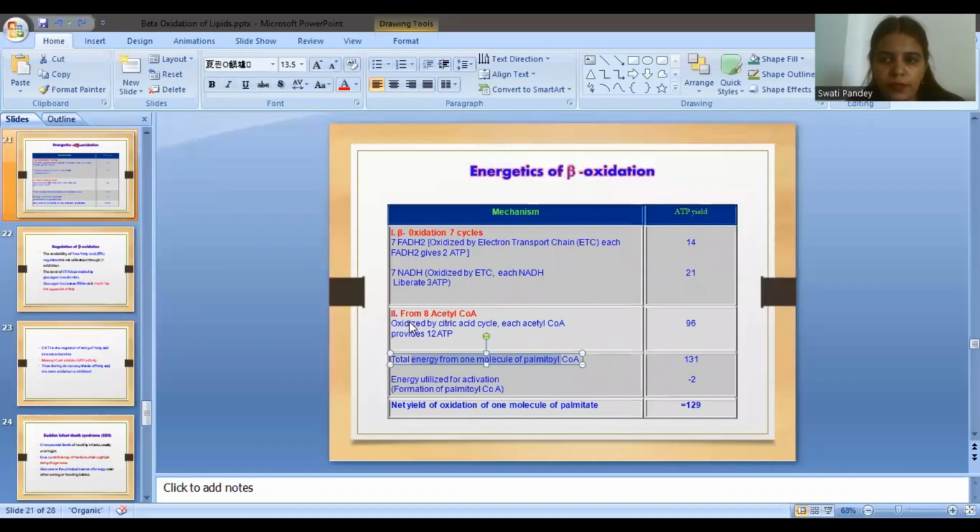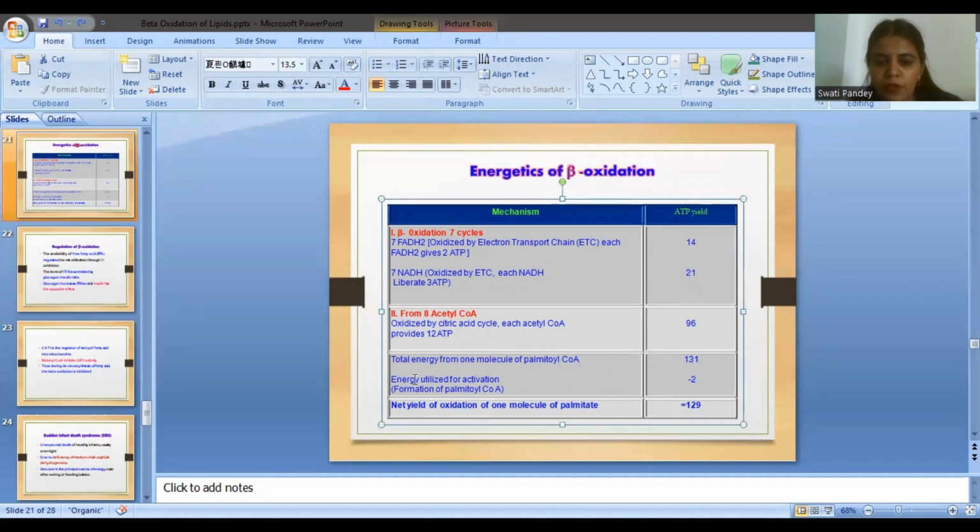So the 8 acetyl coenzyme A are oxidized by the citric acid cycle. For each citric acid cycle oxidation of one acetyl coenzyme A, it gives 12 ATP. So 12 into 8 is total 96. So the total energy generated from palmitoyl coenzyme A is 14 plus 21 plus 96, that is 131 ATP molecules.